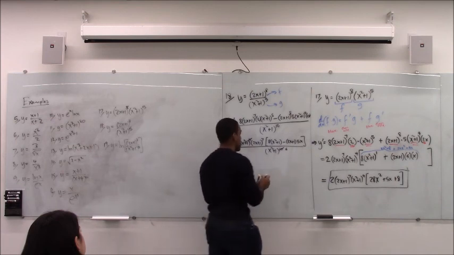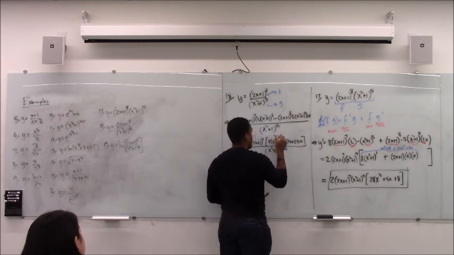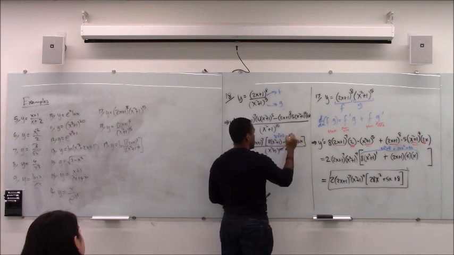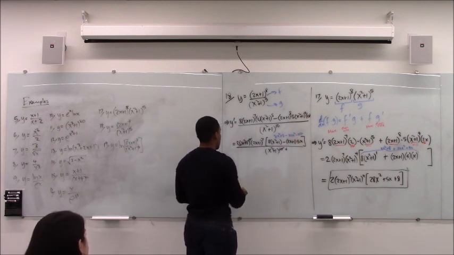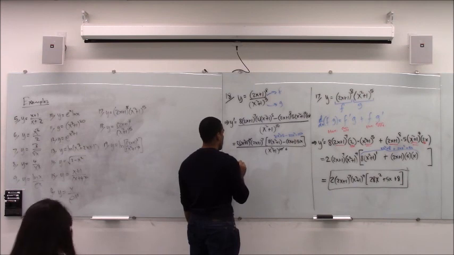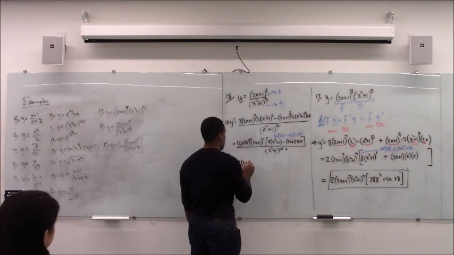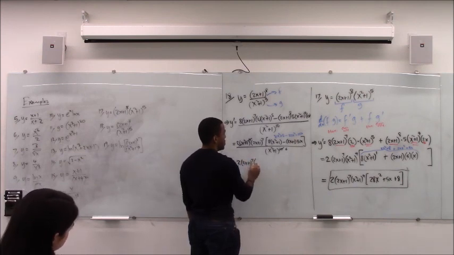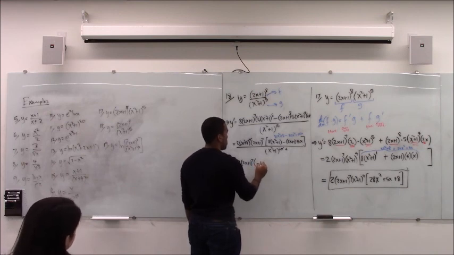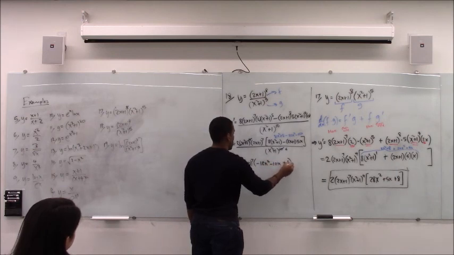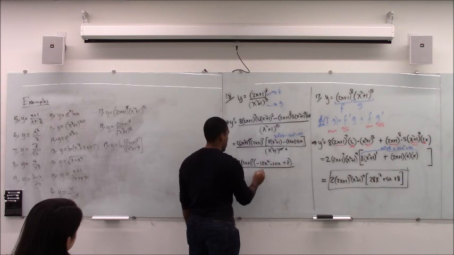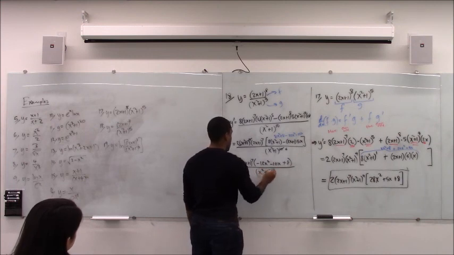On the inside here, we would have 8x squared plus 8 minus 20x squared minus 10x. And this gives us 2 times 2x plus 1 to the 7th times minus 12x squared minus 10x plus 8, all over x squared plus 1 to the 6.